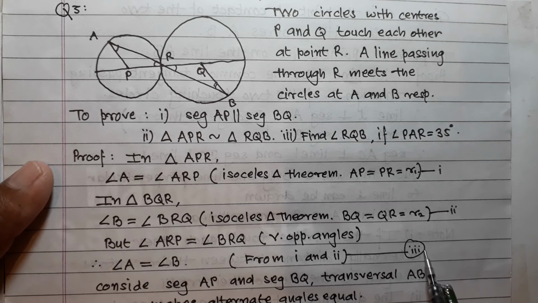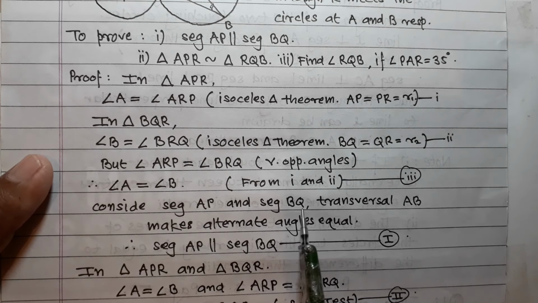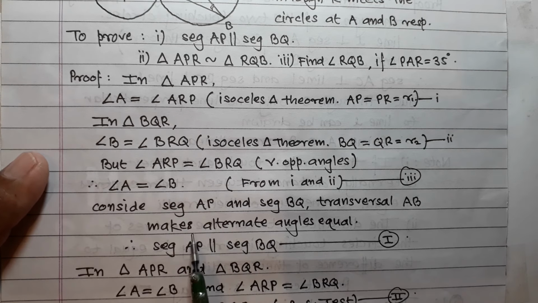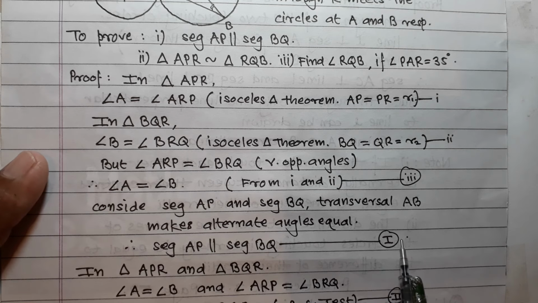Suppose this is statement or equation number 3. Then consider seg AP and seg BQ; transversal AB makes alternate angles equal, and therefore seg AP is parallel to seg BQ. This is the first part.